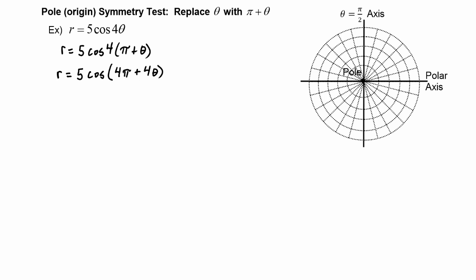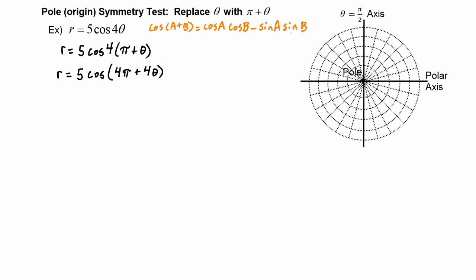And we have an identity for the cosine of a sum. We know that the cosine of a plus b is equal to cosine a cosine b minus sine of a sine of b.